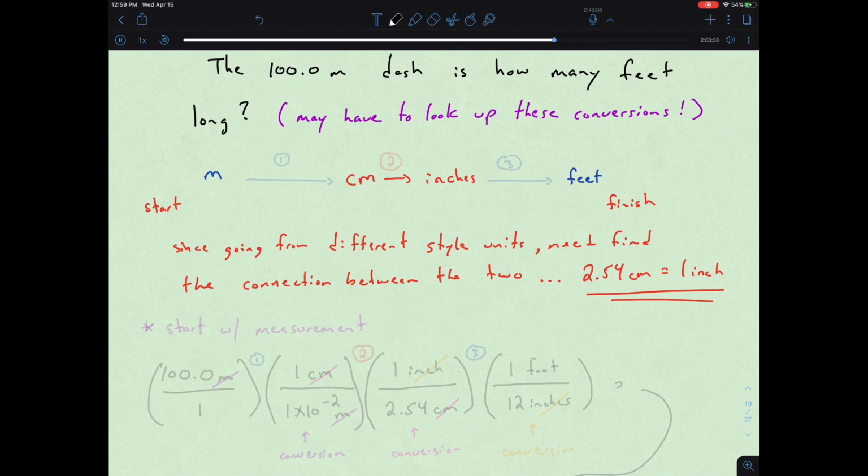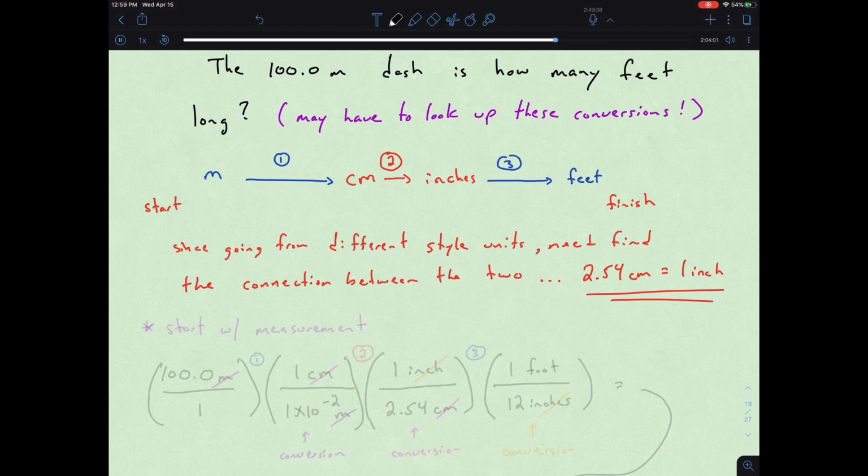And now hopefully that sets the game plan. At first we want to just go from meters to centimeters. Step 2, we want to use that conversion. And now we're converting between inches and feet. So we set that up again.